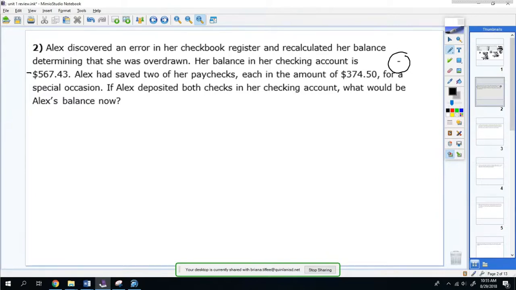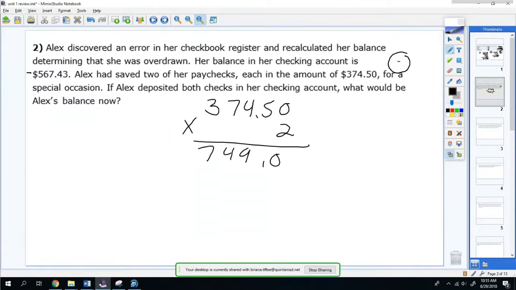So we know that she has 2 checks worth $374.50. So she has 2 of them. You can just add it again or just times it by 2, which I will do. So when you times it by 2, you get $749 exactly. So she's about to put $749 into her bank. So we're going to take the $749 and subtract the negative amount in her bank account.